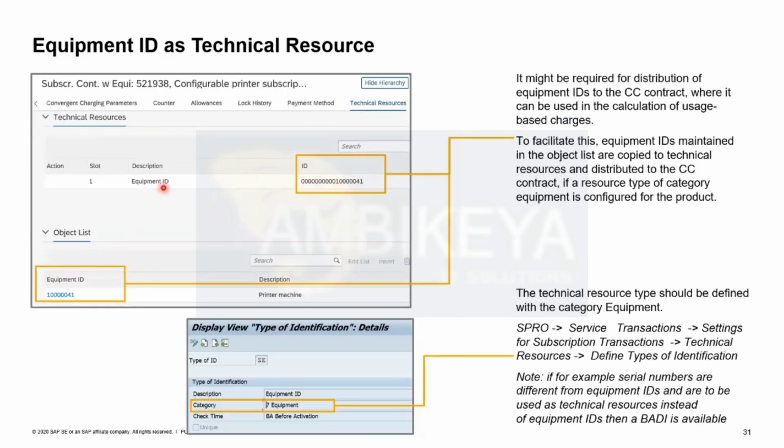The technical resource is set up in such a way that whenever an equipment is linked, it gets replicated as a technical resource in the system. Okay. So here is a setting, where we have the technical resource type, which is of category equipment, and then it will be considered.